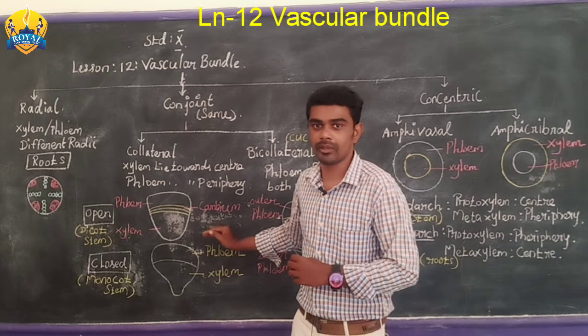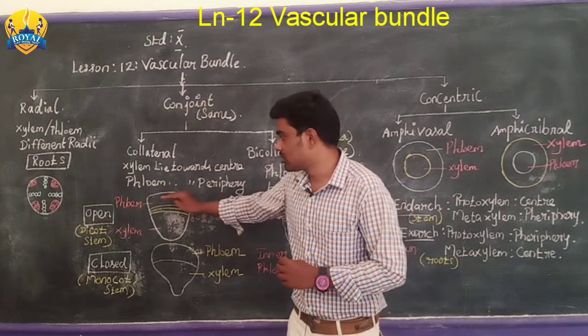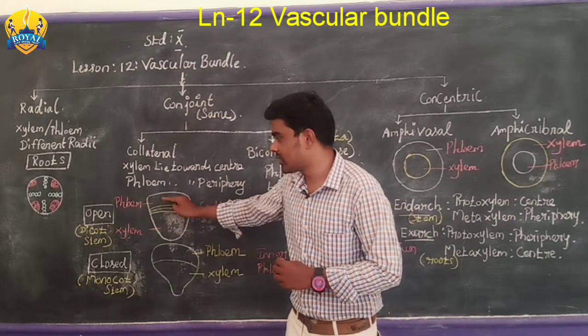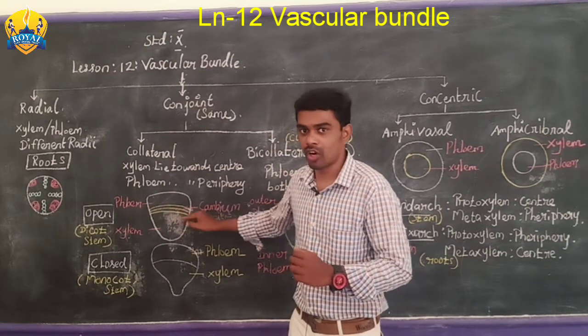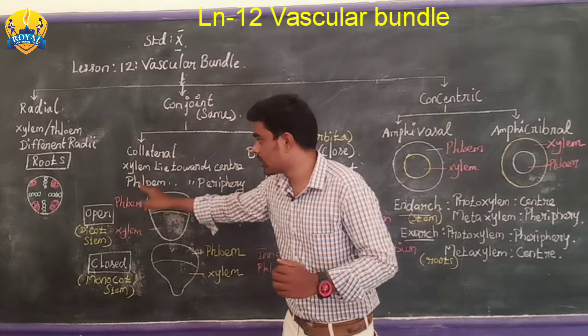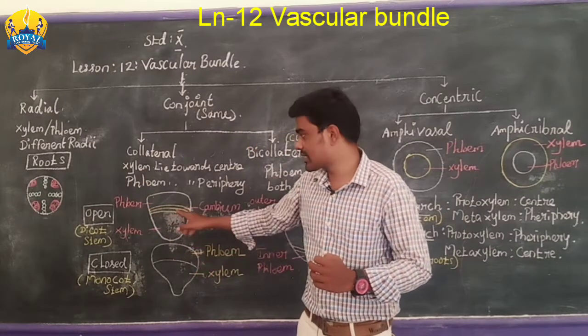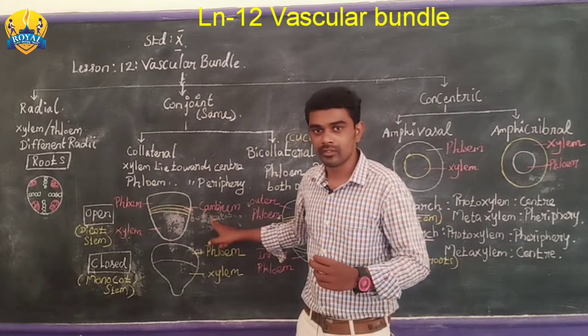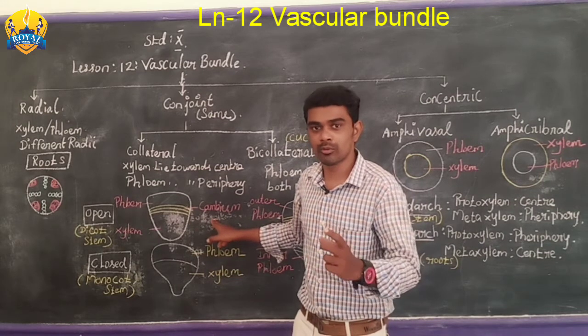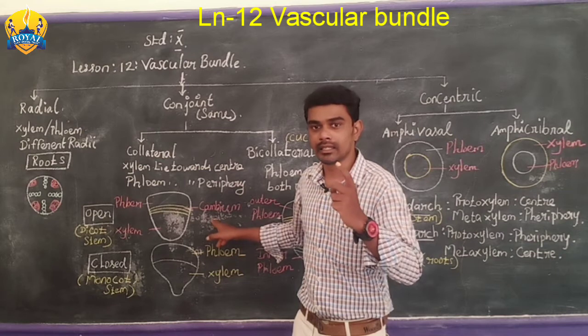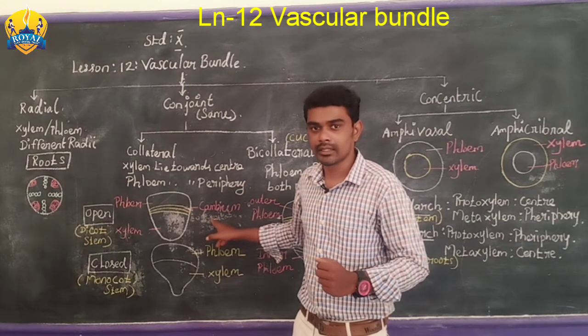The phloem and xylem combined together form a vascular bundle, we know very well. In between them, in this open collateral vascular bundle, a layer is formed that is known as the cambium, which helps the lateral and secondary growth of the stem.